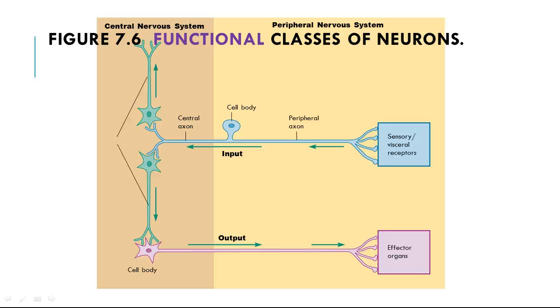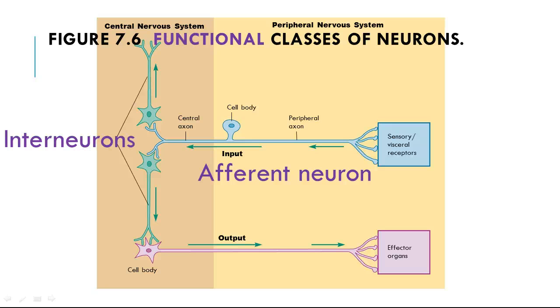So functionally speaking, we have afferent nerves. Whether it's pseudo-unipolar, whatever, we have afferent nerves. They convey what type of information? Sensory information. In the middle, we have interneurons.